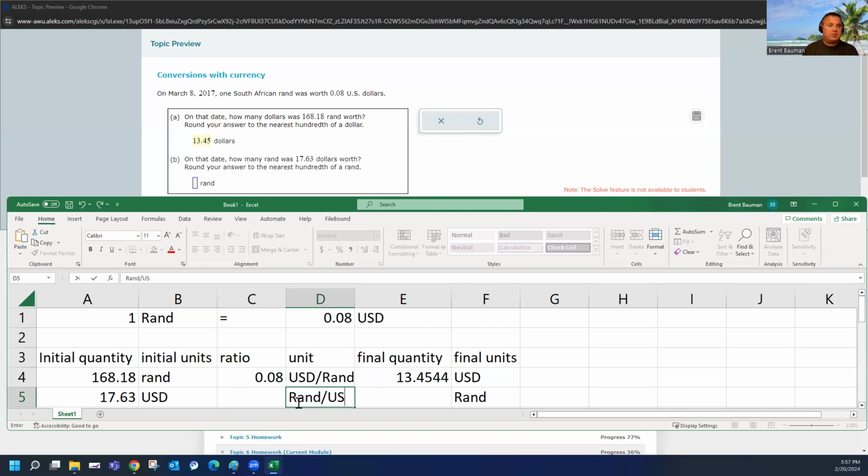The US dollars is going to be in the denominator so that it cancels with this US dollars. Again, we want to make sure that our units match our ratio. So we hit equals, and this time we have rand divided by US dollars.